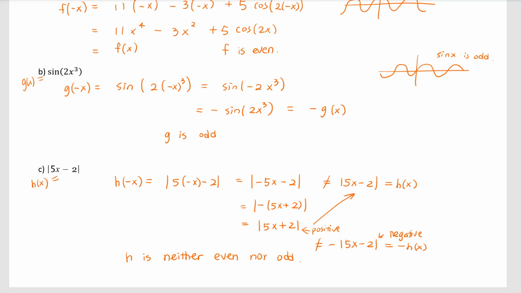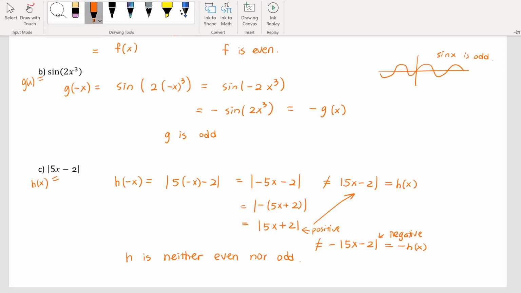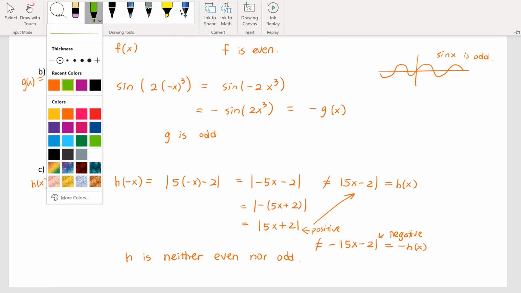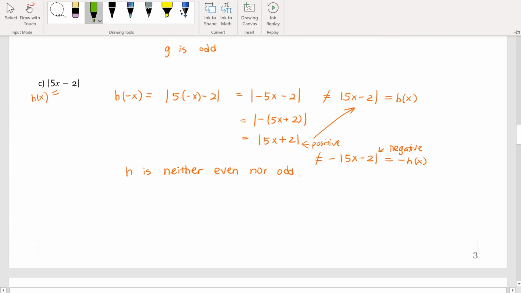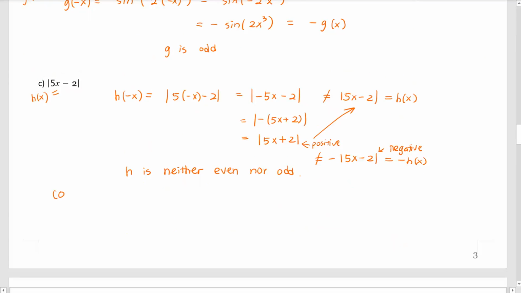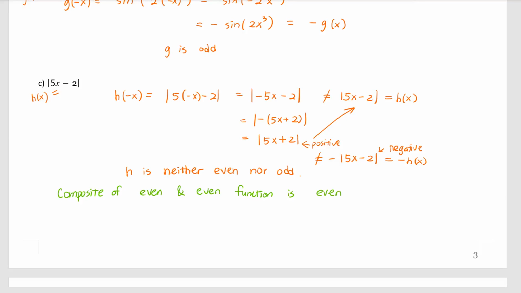Okay, everybody? Here, I also want to summarize some rules with you. What are the rules? I want to use green color. Is this green now? Okay. The composite function of an even and even function is even.